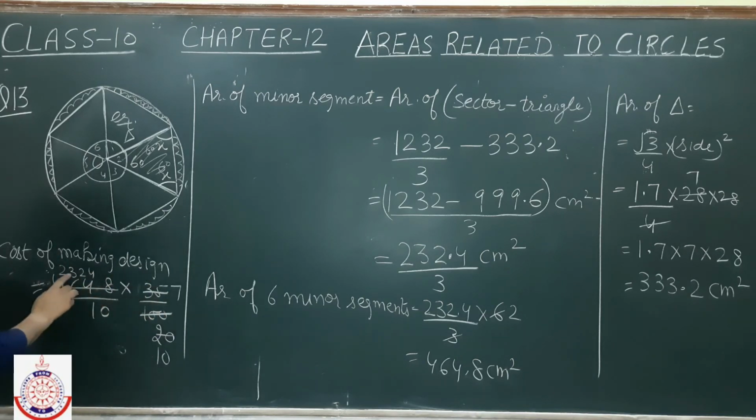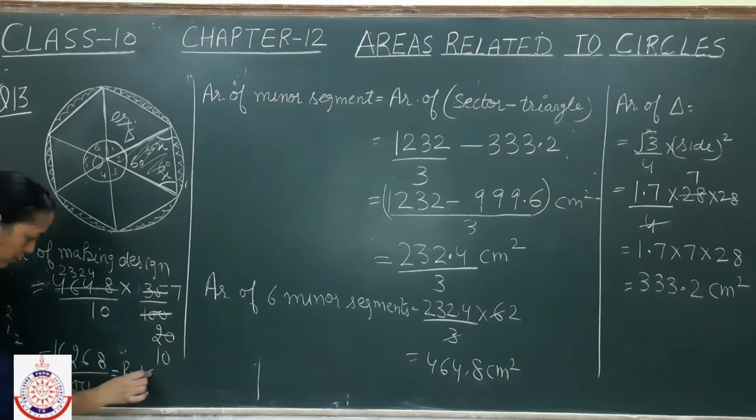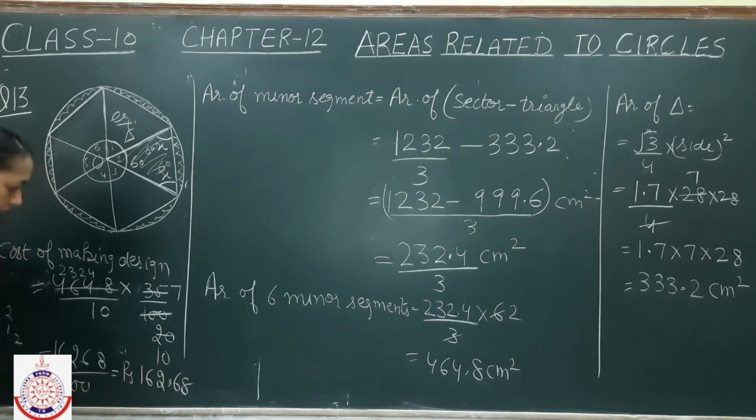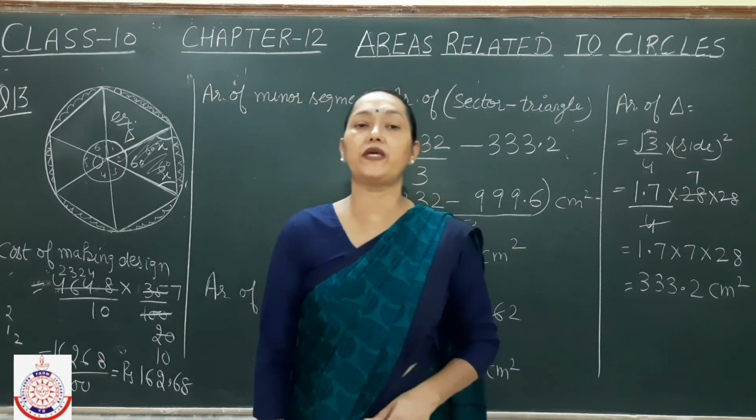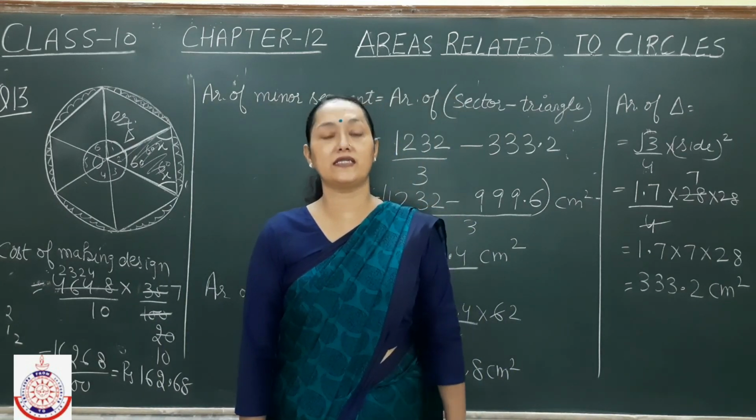So multiplying 2324 into 7, we have obtained 16268, but it is divided by 100 also. So the cost is 162.68 rupees. So the cost of making 6 designs of the table cover is 162.68 rupees.